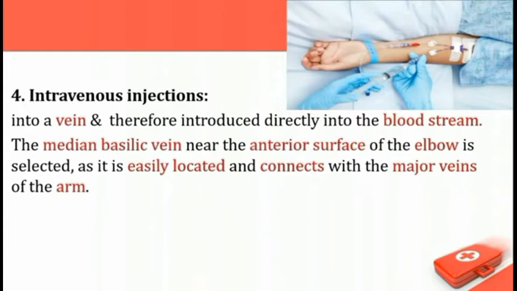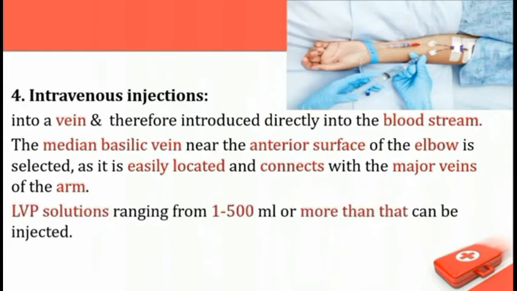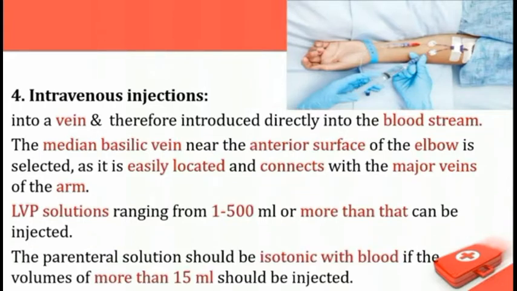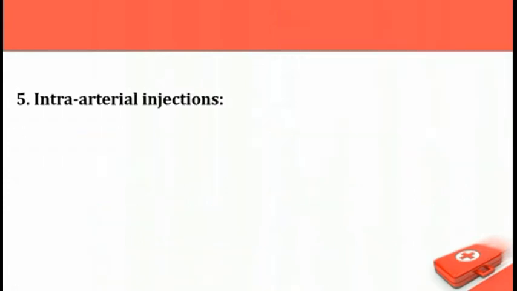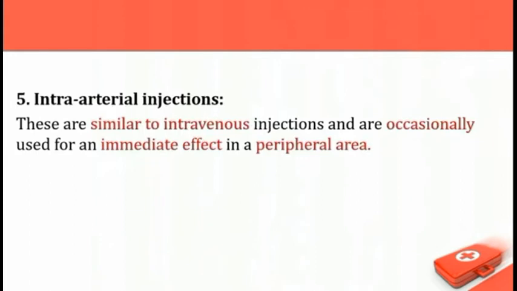So next is the hypodermal subcutaneous route. In the hypodermal subcutaneous route, the injection is injected under the skin layer, and aqueous or oily suspensions and oily solutions cannot be given by the subcutaneous route, while insulin is given by the subcutaneous route.